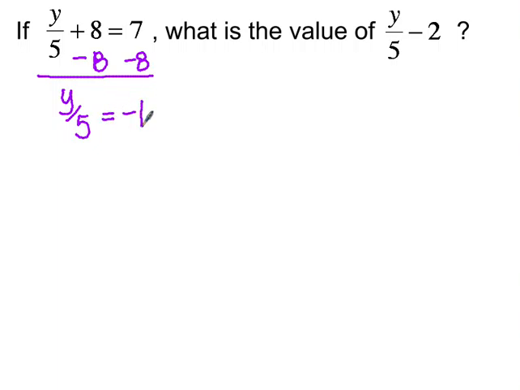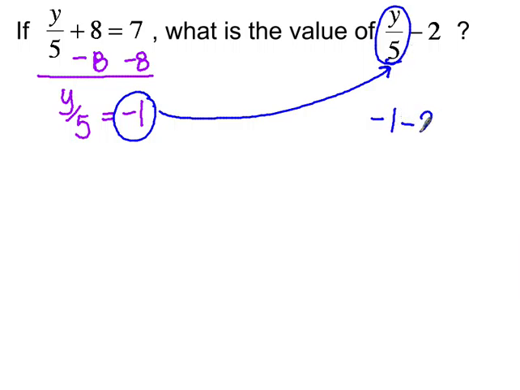Now I'm going to stop right there. I know some of you are probably multiplying by 5. Okay. I see I've got y over 5 is negative 1. I'm going to plug that over here for y over 5. So really I get negative 1 minus 2. So my answer is negative 3.